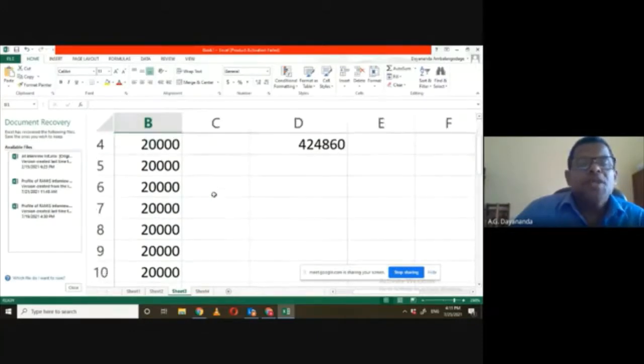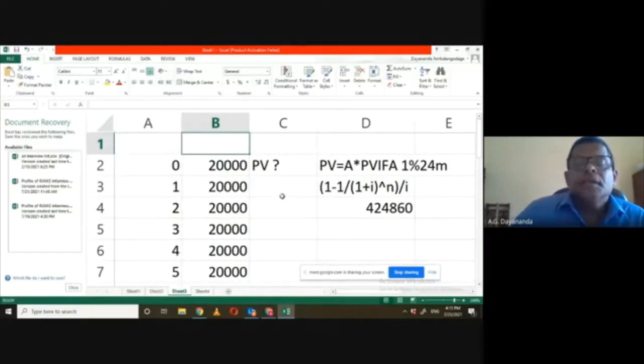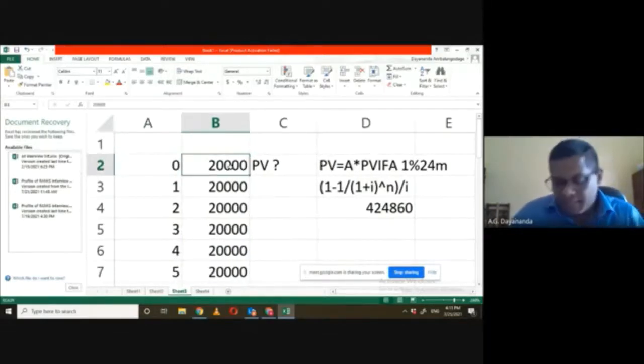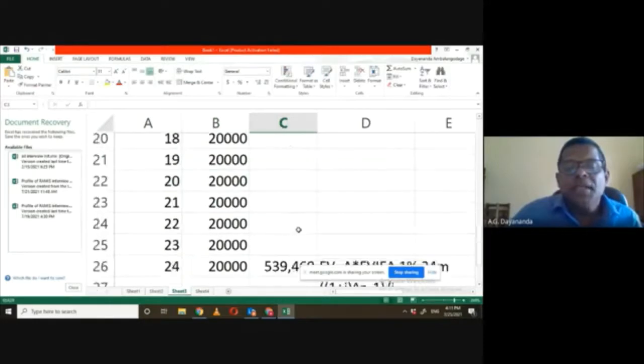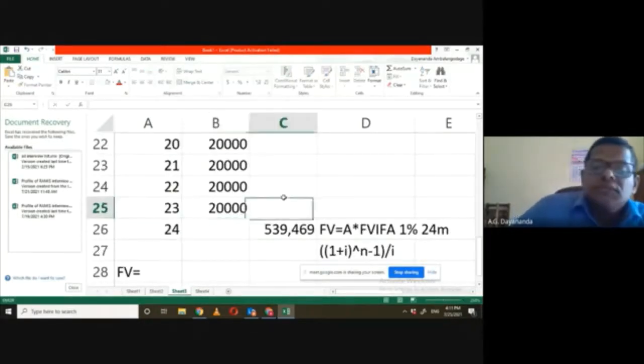Can you reduce? If the cash flows are at the beginning, what happens here is you get another 20,000. I'm sorry, I have put the 20,000 there, but here there is no 20,000. Can you see the difference?